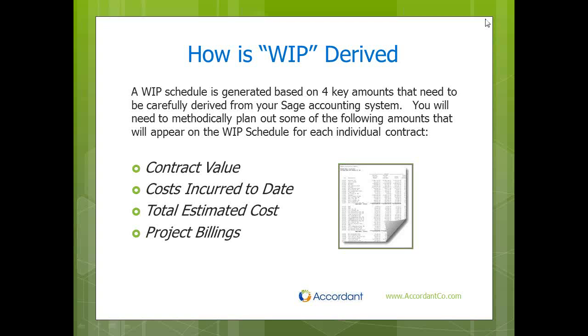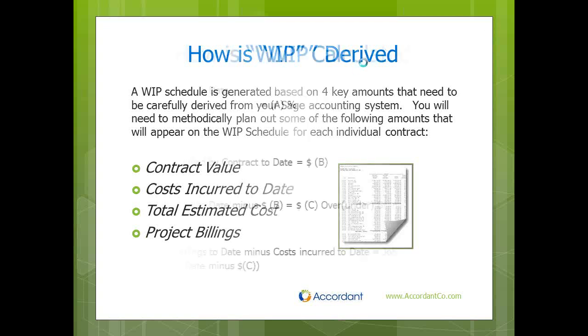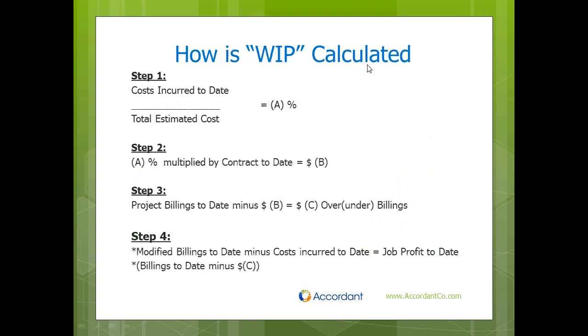So let's go and show you how this work in process is calculated. Step 1 is calculating the percentage complete. We do this by taking the cost incurred to date and dividing that number by our total estimated cost. This gives us a percentage complete. Now you can see how important that total estimated cost is.